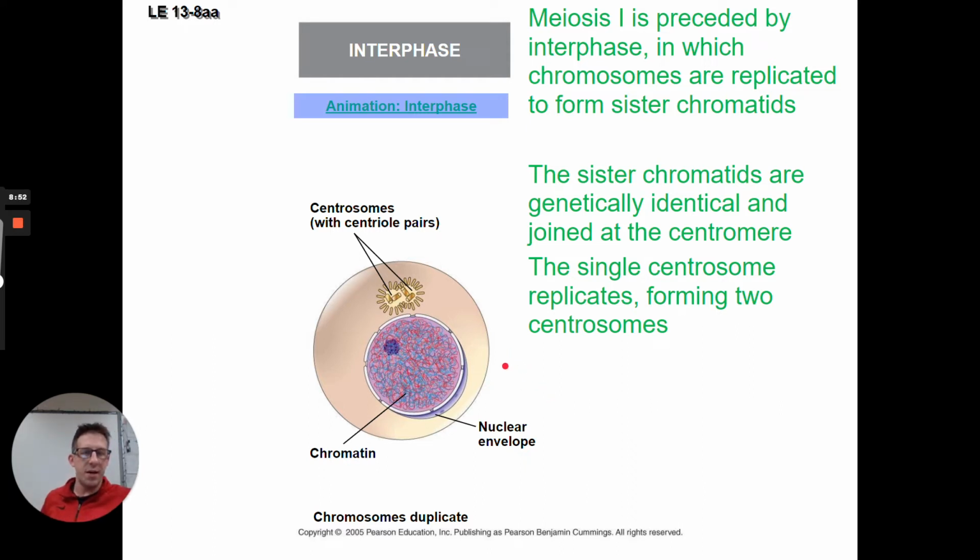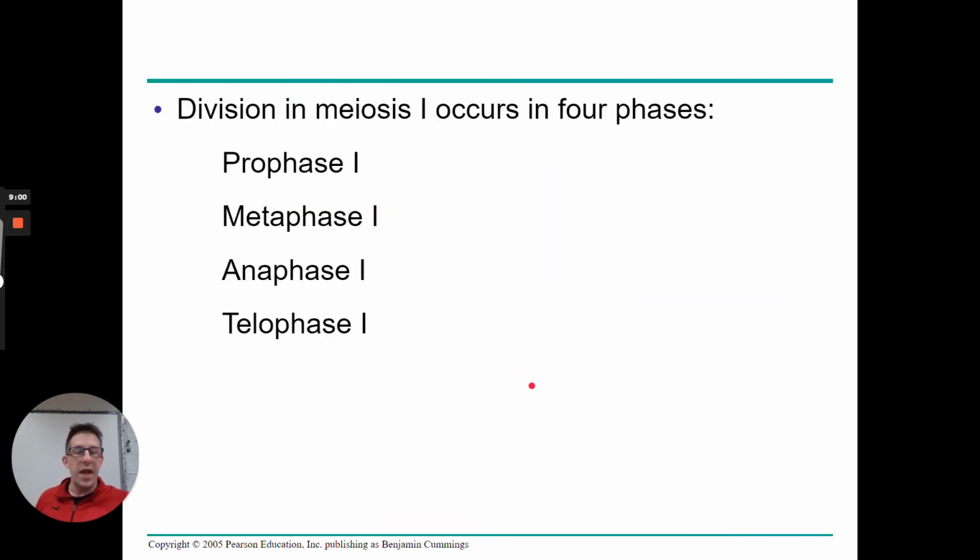But at interphase, we start to see centrosomes form, very similar to what we would have seen in mitosis. After interphase, we enter meiosis 1. In meiosis 1, we have the exact same phases that we would have seen in mitosis, only they label them prophase 1, metaphase 1, anaphase 1, telophase 1, because they happen in meiosis 1.